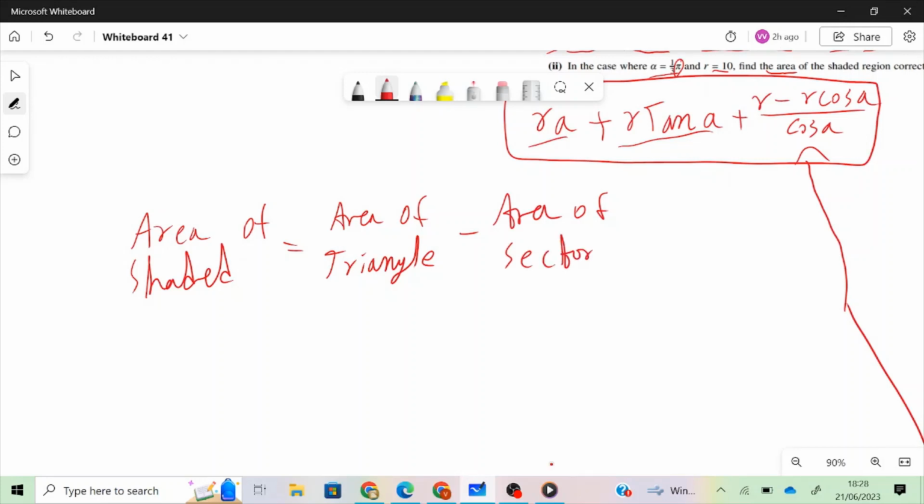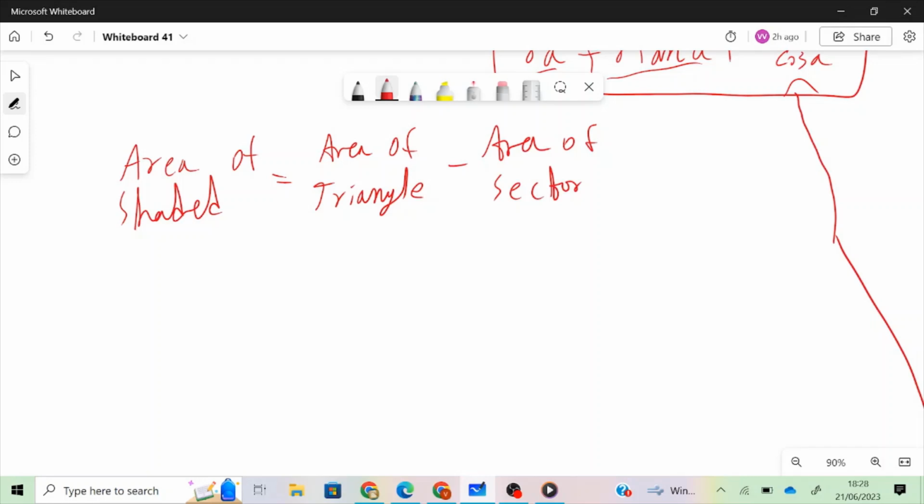To get our area of triangle, we can use half times height times base, or height times base divided by 2, same thing, minus area of sector, that's half r squared theta.